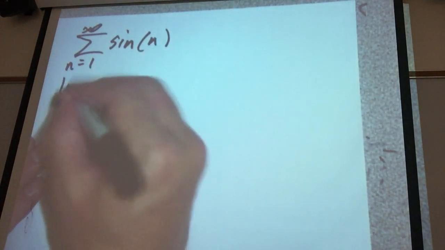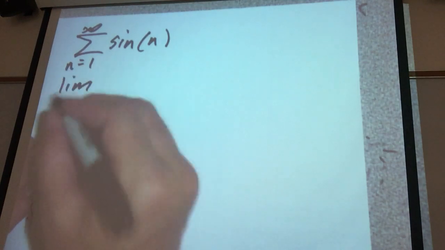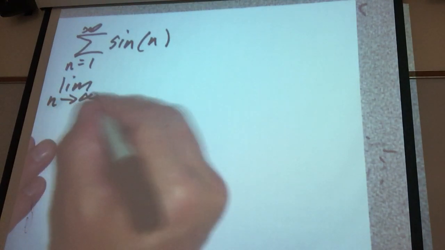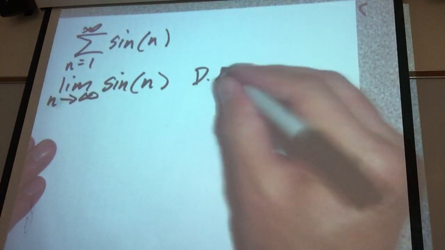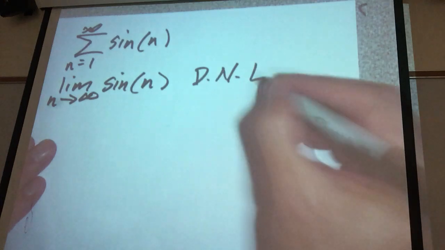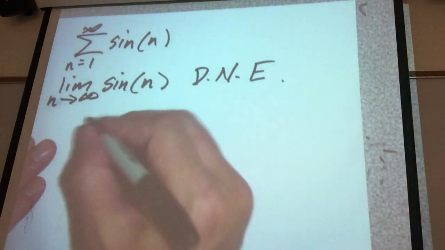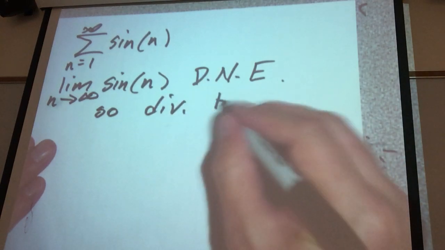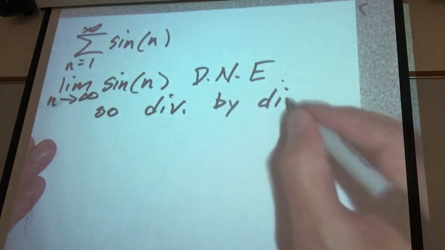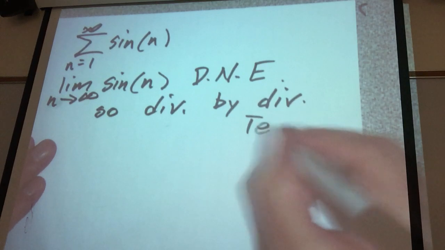Well, the limit as n tends towards infinity of sine of n does not exist. Okay, so divergent by divergence test.